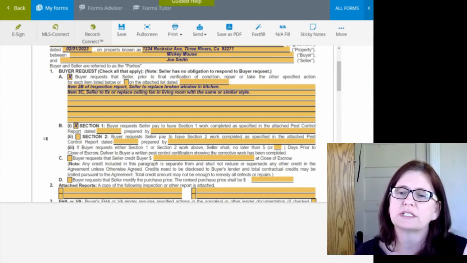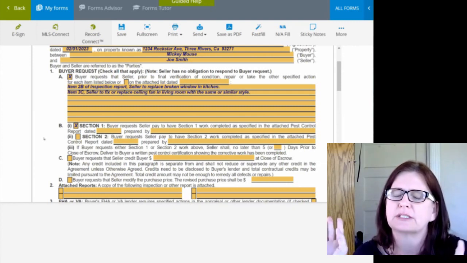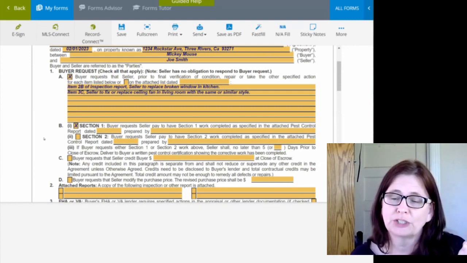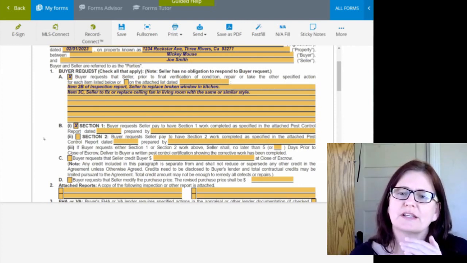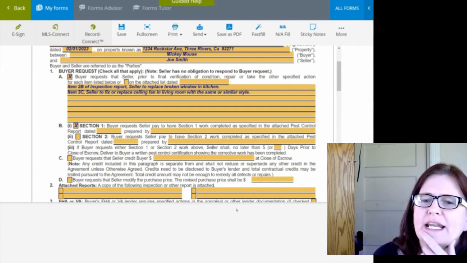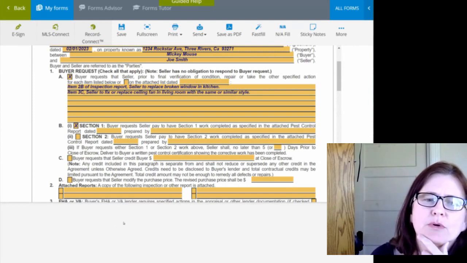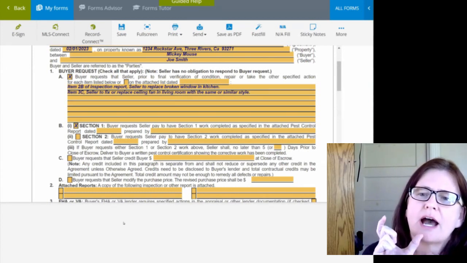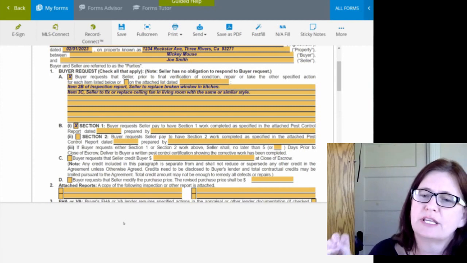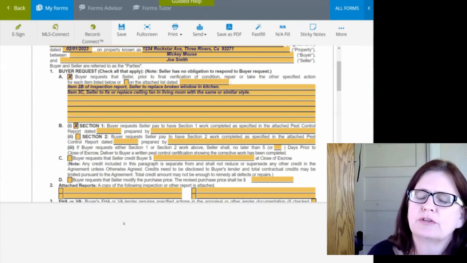So let's say the fascia boards need to be fixed and it needs to be treated for subterranean termites and there's a bunch of other stuff. If they attach a quote to the inspection report, just make sure you're really looking at it, that you don't think it's everything. Most of the time, a pest inspection company can only do the treatment of the termites. They can't do the other items, and so they'll only quote you for those.